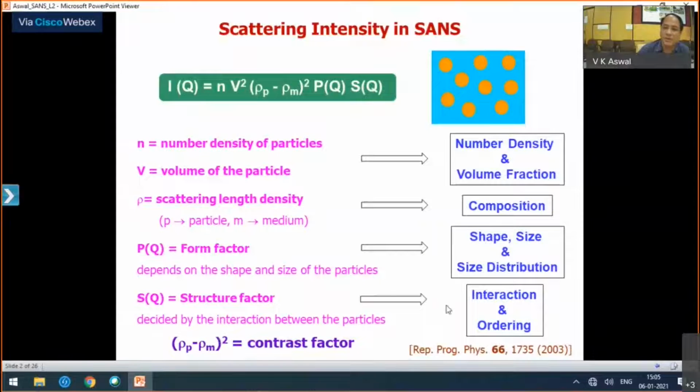And from the structure factor, you get the information about the interaction and ordering. So if you are interested to get these kinds of information for your system at nano length scale, you can use small angle neutron scattering.